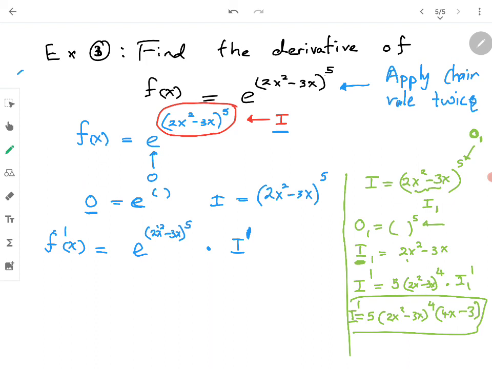So we had to use the chain rule here to find the derivative of the inner function. So that's the second application of the chain rule. We already applied the chain rule here to get this expression. So we need to apply the chain rule twice to get the final answer. So once we have I prime, sub it here and you get the final solution.